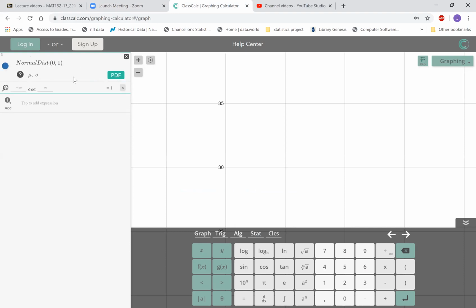You click on CDF. The lower bound is negative 2.03. The upper bound is positive infinity. If you look at it, you get 0.9788, which is exactly the same answer that we got when we did it with the TI-84. And that's it for class calc. Any question for how we did it with class calc?